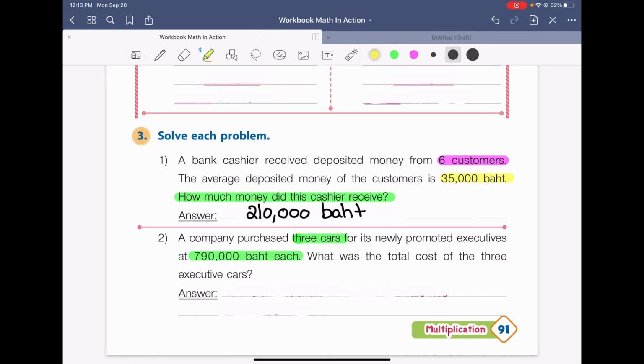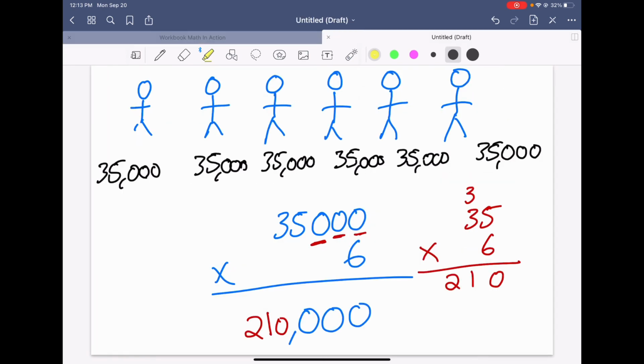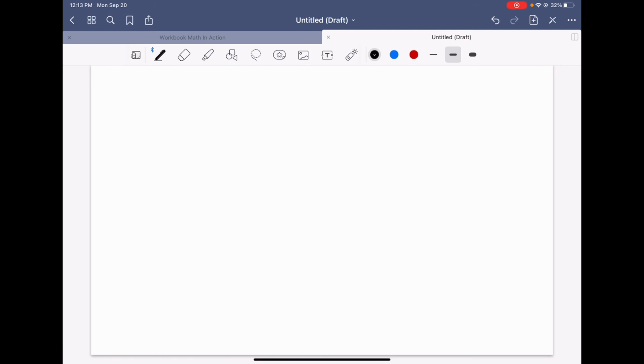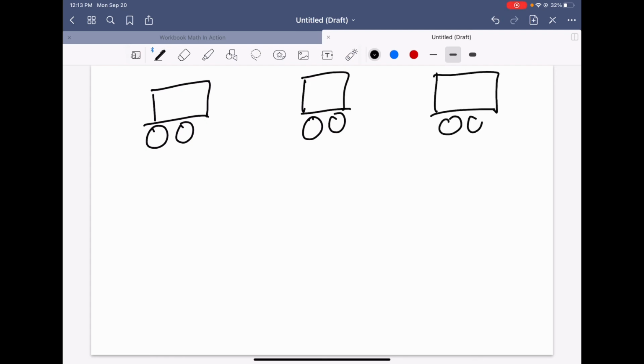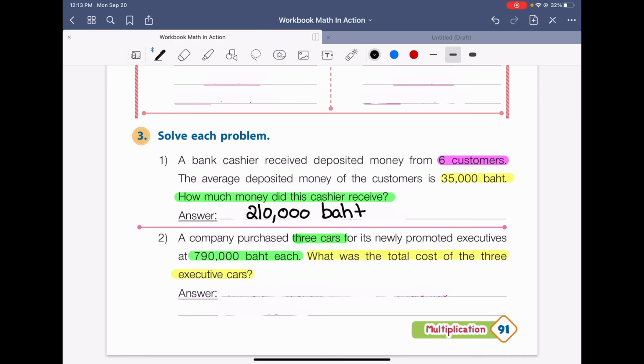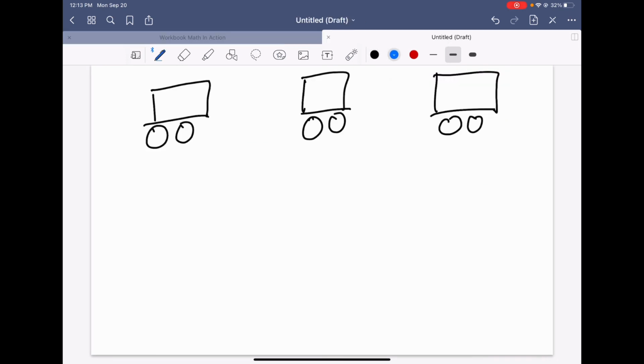What was the total cost of the 3 executive cars? We can draw this out. Again, we have 3 cars. We have 1, 2, 3. Each car is 790,000 baht, right?